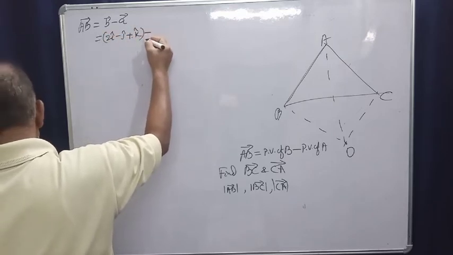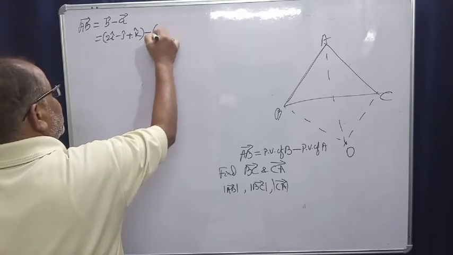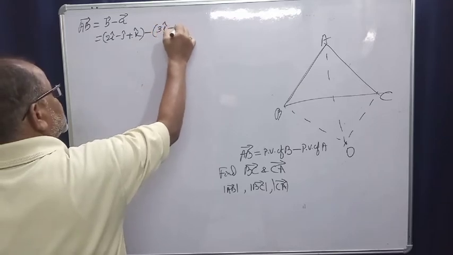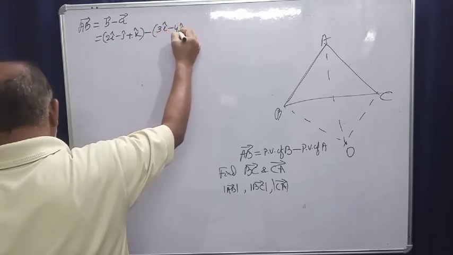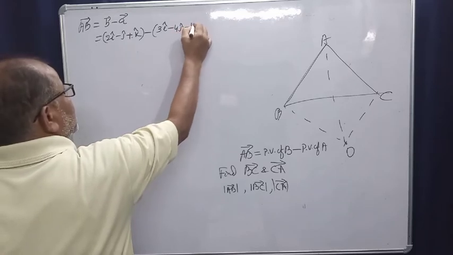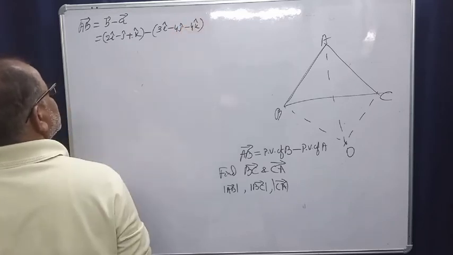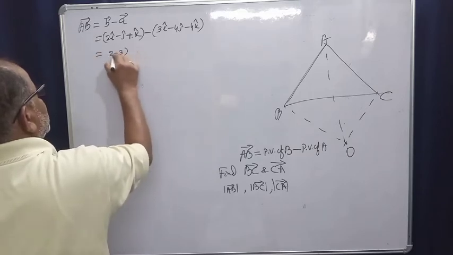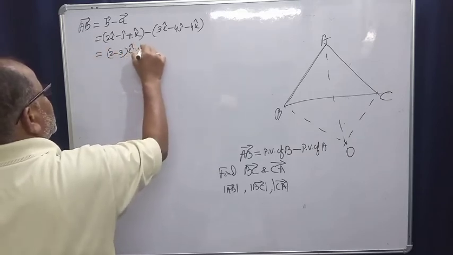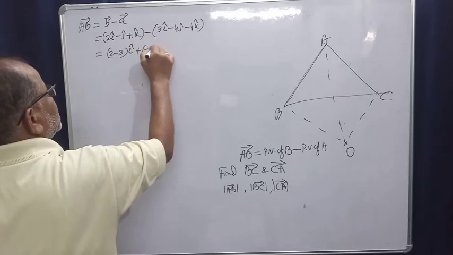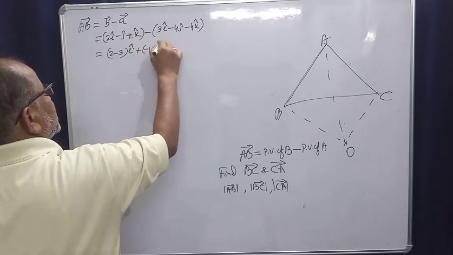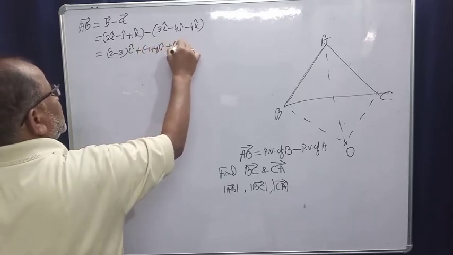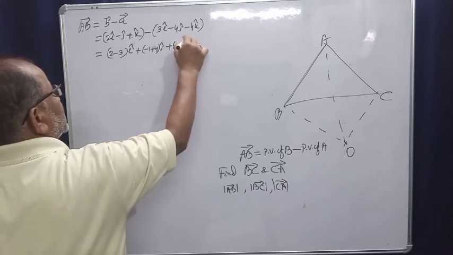minus 3i cap minus 4j cap minus 4k cap. So this is equal to (2 minus 3) i cap plus (minus 1 plus 4) j cap plus (1 minus 4) k cap.